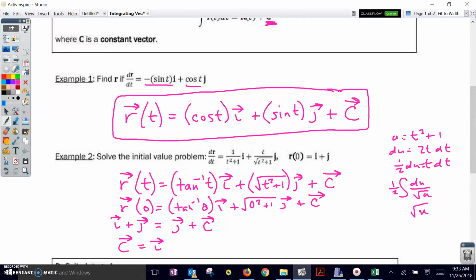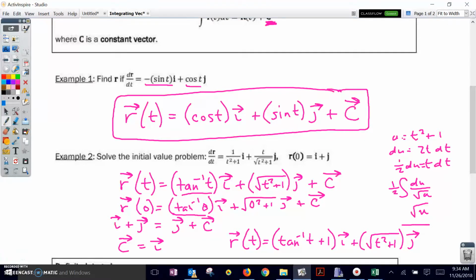Now I'm just going to absorb that into the i component, and so it's going to become arctangent of t plus 1 i plus the square root of t squared plus 1 j. And there's our initial value solution. This is the vector-valued function whose derivative is given, that has the given initial condition.